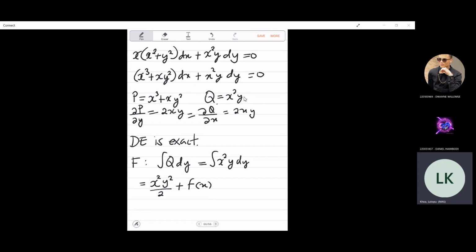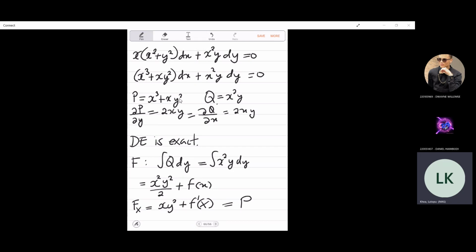Then the next step is differentiate with respect to x. This is x y squared plus f prime of x, and remember this must be equal to p. So p is x cubed plus x y squared.